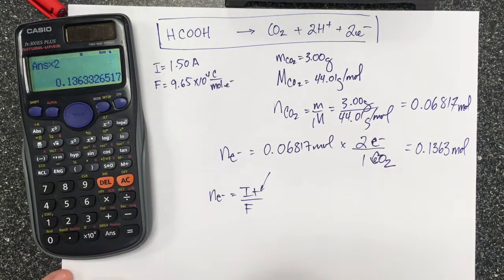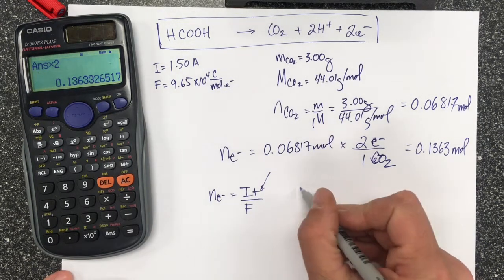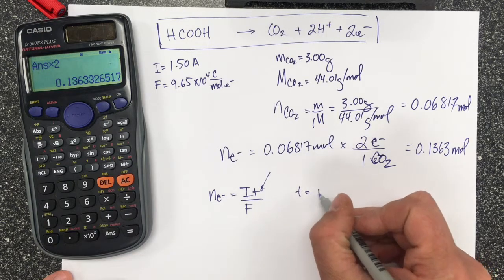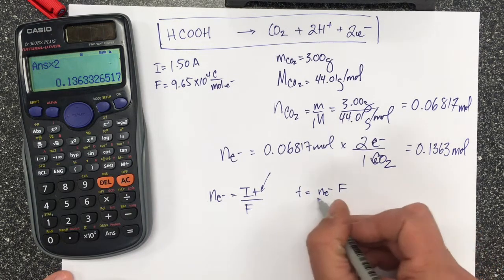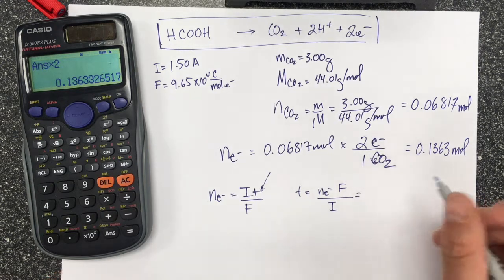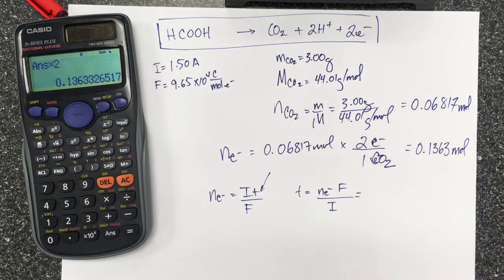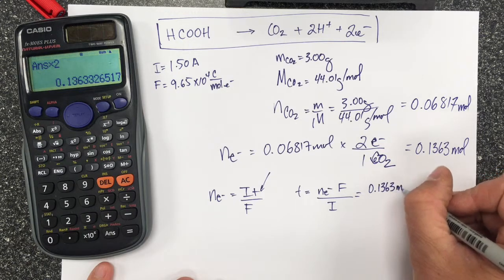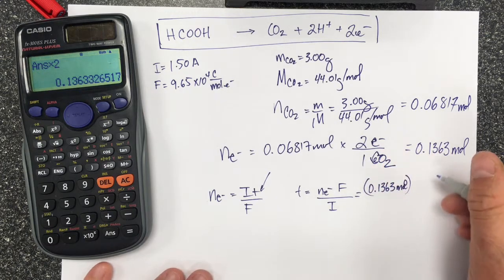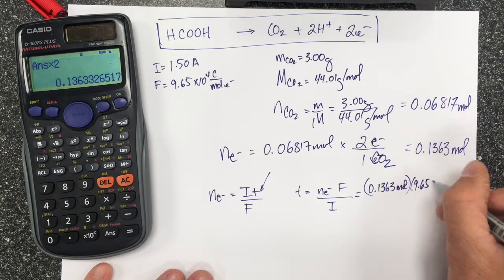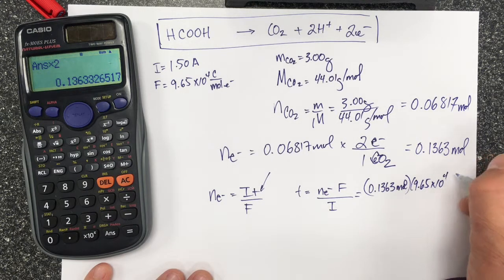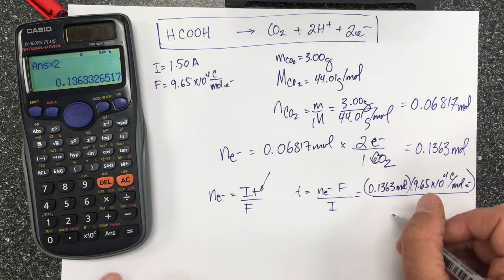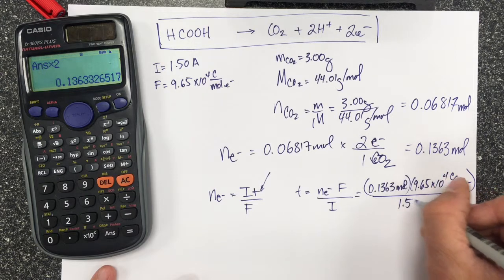I'm wanting to identify time, so I'm going to rearrange this. The time equals the number of moles of electrons times Faraday's constant divided by current. And that's going to give me 0.1363 mole times Faraday's constant of 9.65 times 10 to the 4 coulomb per mole of electrons divided by the current of 1.50 amp.